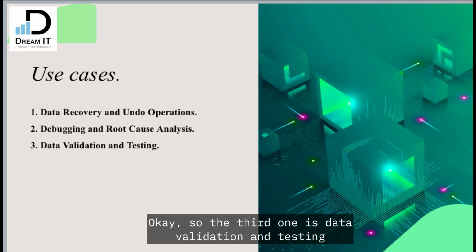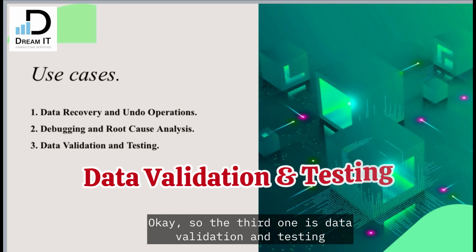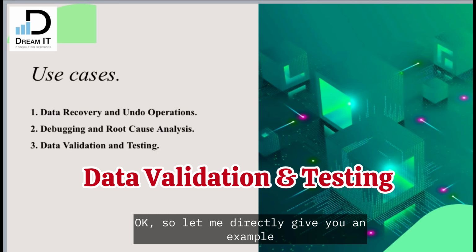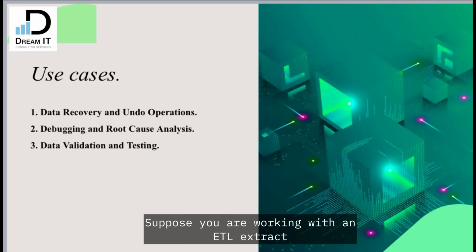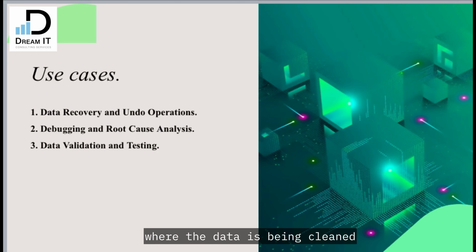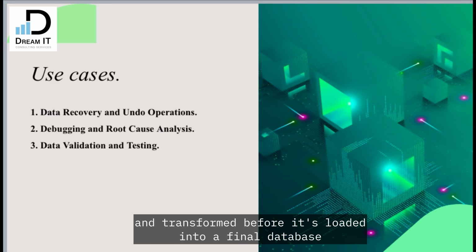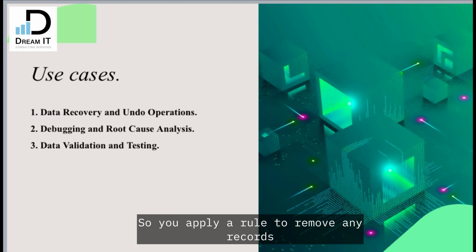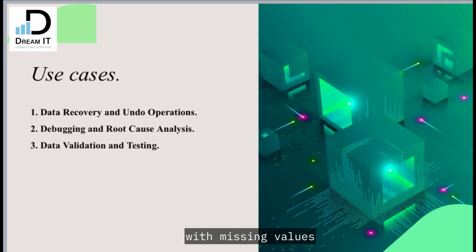Okay, so the third one is data validation and testing. Let me directly give you an example. Suppose you are working with an ETL, extract, transform, and load process, where the data is being cleaned and transformed before it's loaded into a final database. So you apply a rule to remove any records with missing values.